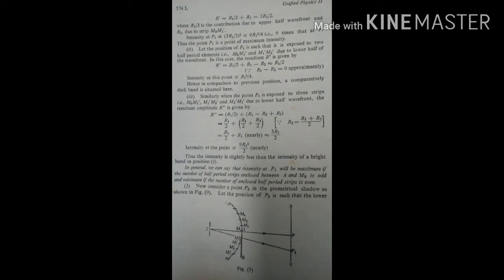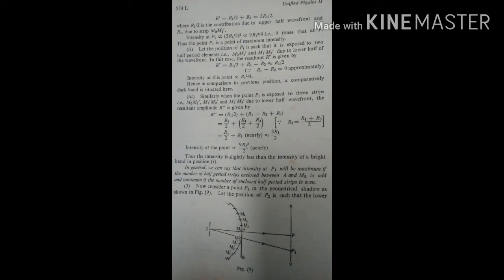Let the position of P1 be such that it is exposed, in addition to the upper half period wavefront, to one half period strip M0M1 from the lower half of the cylindrical wavefront. The resultant amplitude R' in this case will be R' = R1/2 + R1, that is 3R1/2, where R1/2 is the contribution due to the upper half wavefront and R1 due to the strip M0M1'.